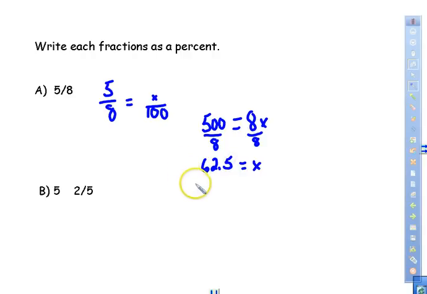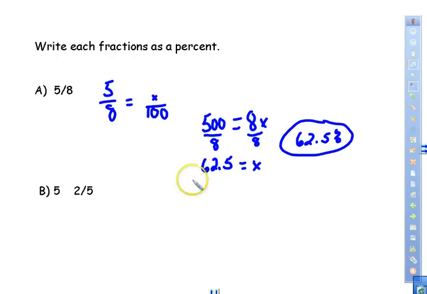So that's your final answer when you do that. And since that is written over 100, then that is simply your percent. So we can take that 62 and 5/10 and put a percent sign on it, and then you would be done. Okay?